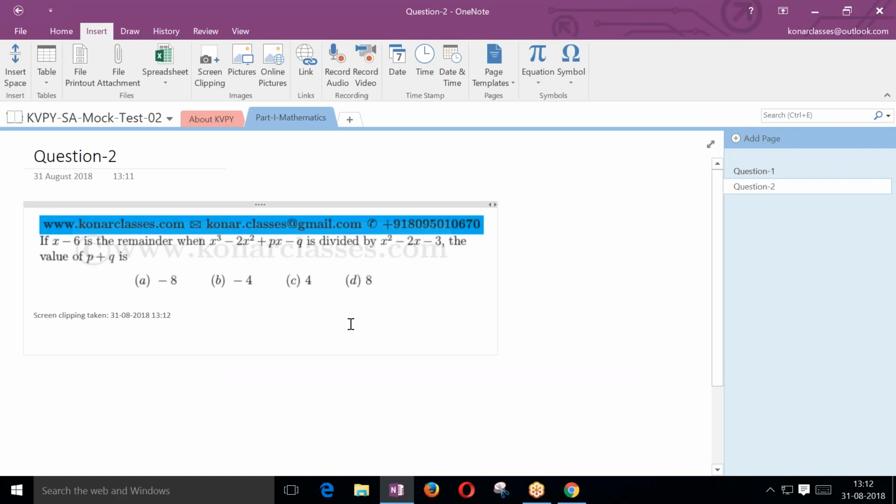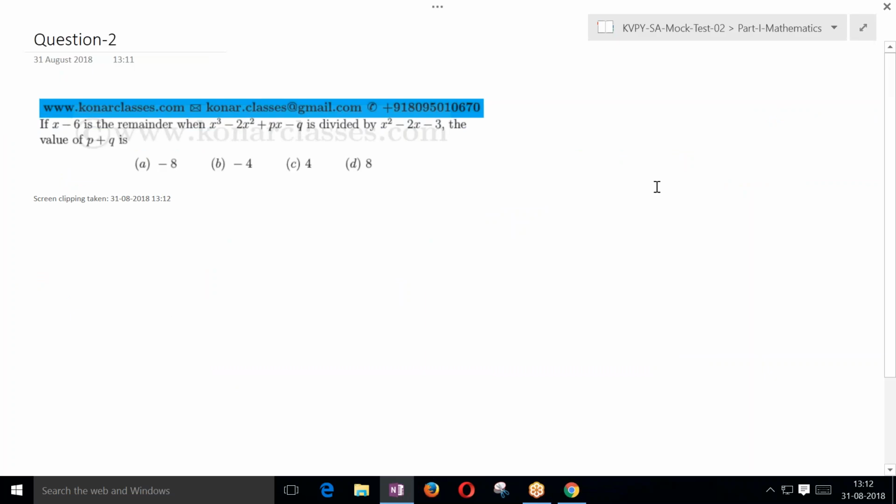So here is the question. If x minus 6 is the remainder when x cube minus 2x square plus 5 plus px minus q is divided by x square minus 2x minus 3, then what is the value of p plus q? Please go through the question on your own. So let us discuss this problem together.